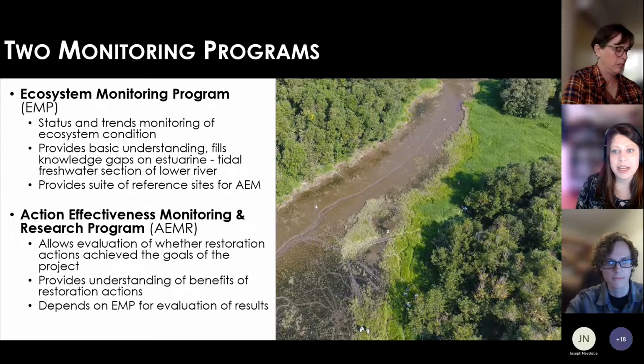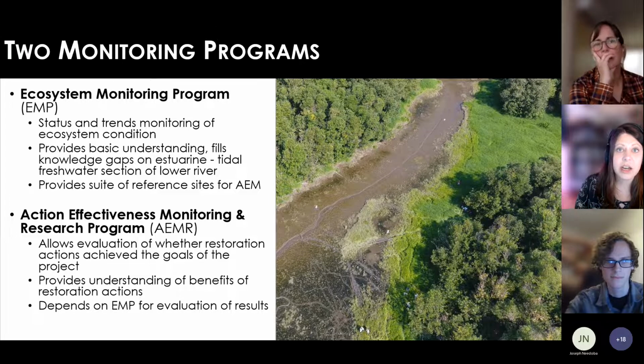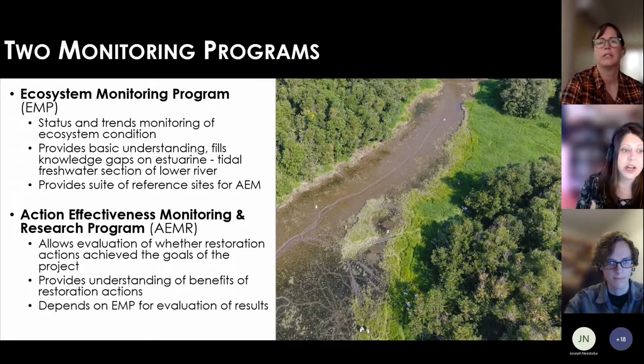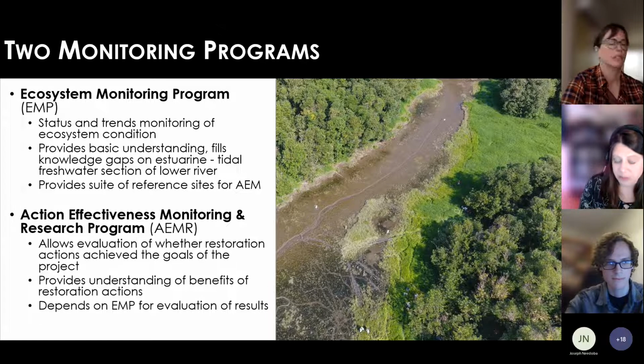And these data help us evaluate restoration success in our Action Effectiveness Monitoring Program, which focuses on monitoring restoration projects post-restoration. So we use this data together to help guide, design, and update restoration practices. And we're going to talk a little bit more about that in this intro discussion. However, today's presentations from the researchers are focused on that Ecosystem Monitoring Program data.